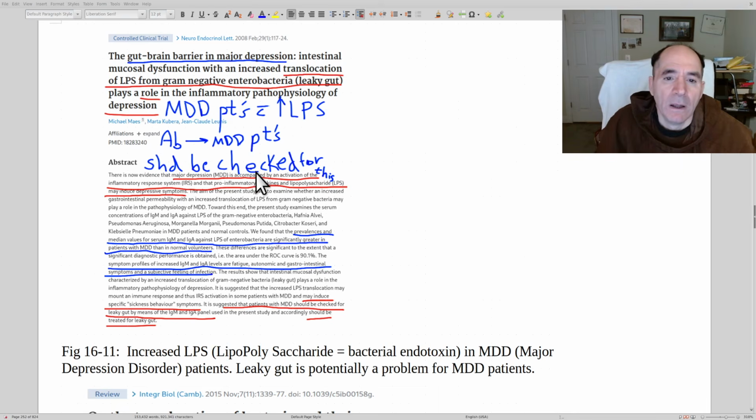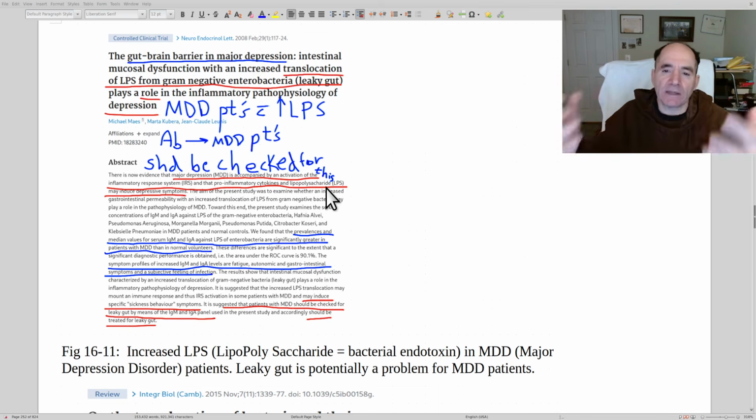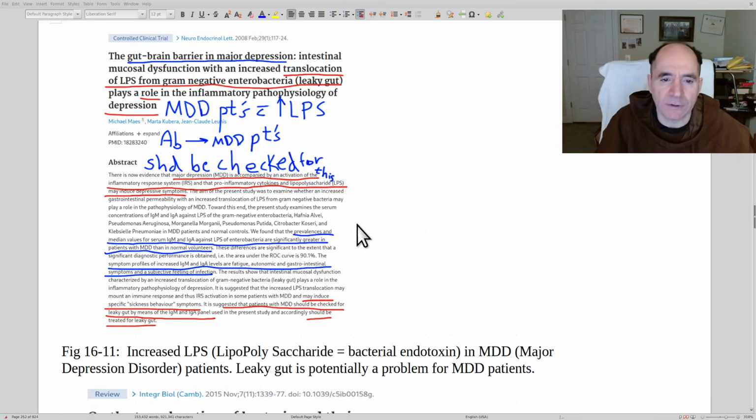heal. Okay, let's see. Major depression patients are accompanied by activation of the inflammatory response system, and pro-inflammatory cytokines and LPS may induce depressive symptoms. So that's going back to the idea of when you're a little bit sick, you get sickness behavior, and that can worsen depression or make you seem depressed.